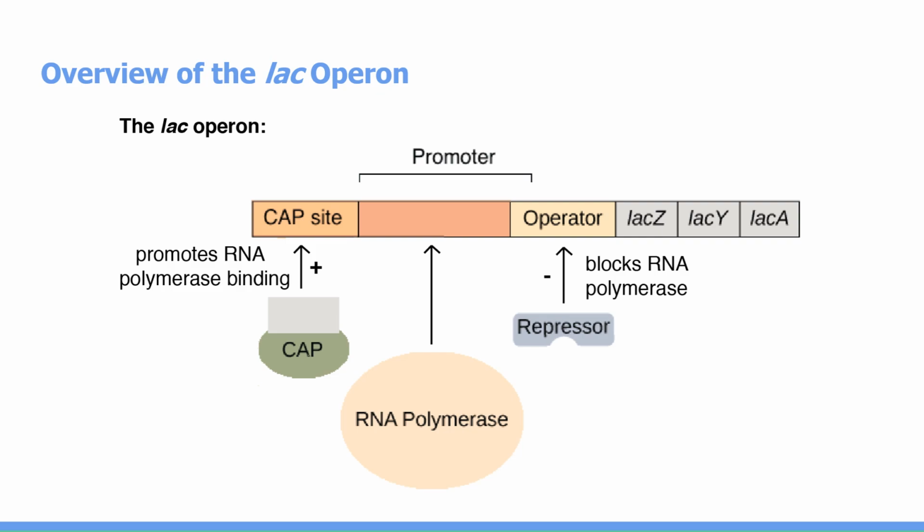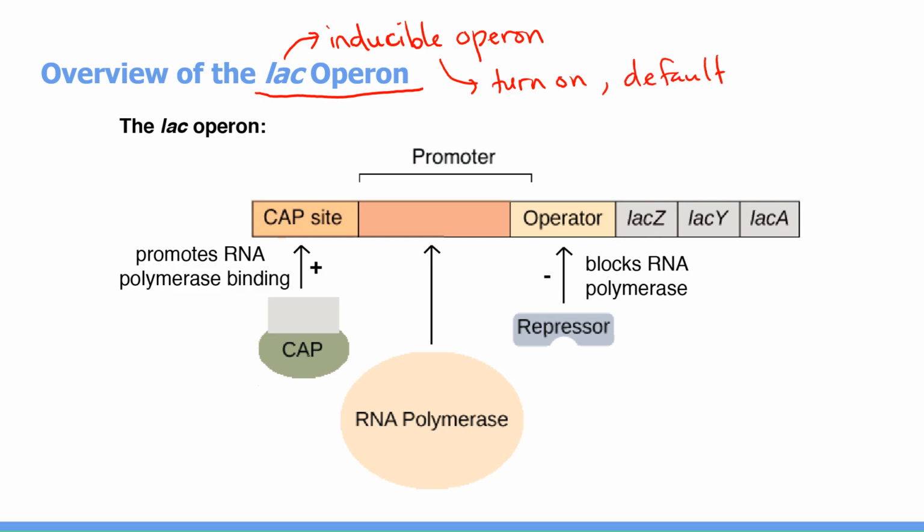So let's recap that because there was a lot of information thrown at us. So the lac operon is considered to be the inducible operon. Okay, inducible means that it has the ability to turn on. So our default is off.